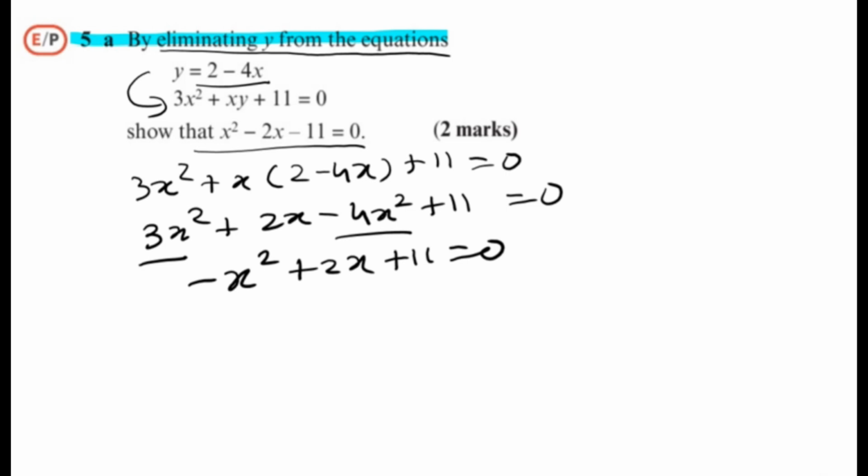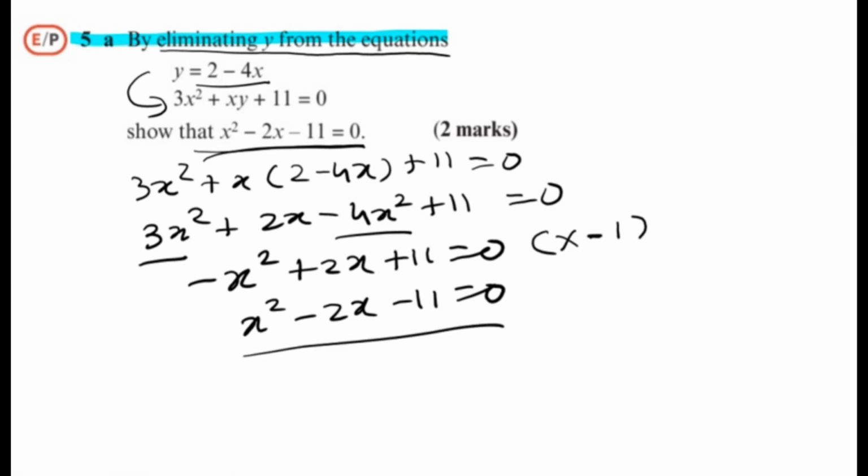Now to make simplification and factorization easy, I am changing the sign. X squared minus 2x minus 11 is equal to 0, or you can say multiply the whole equation with minus 1, and we need it in this form, that's why we are doing this. So we got our answer.